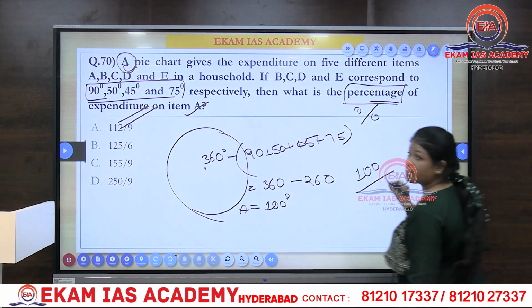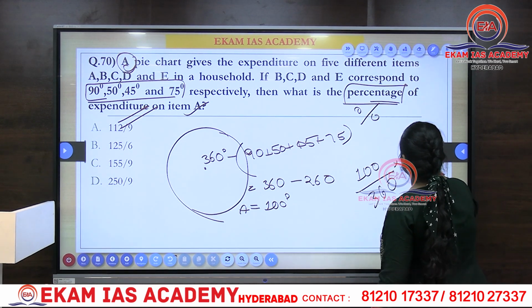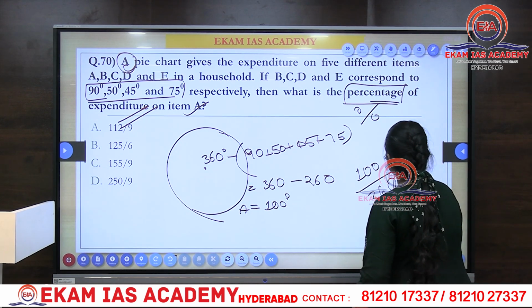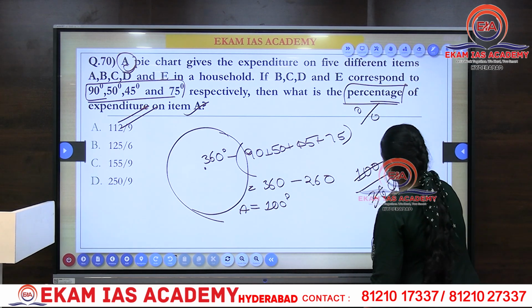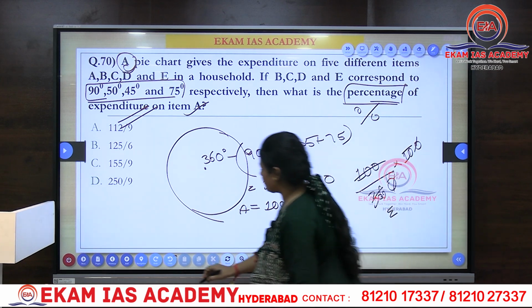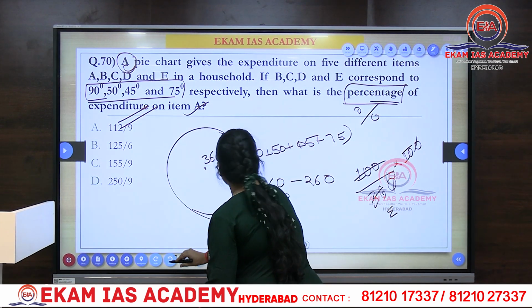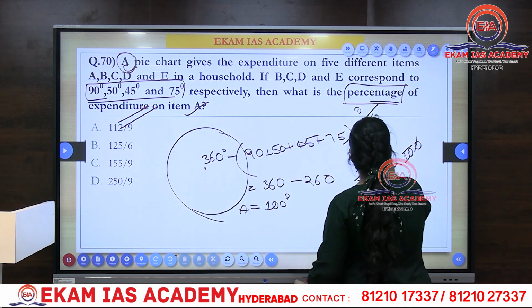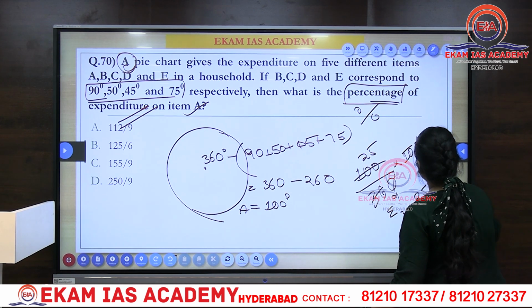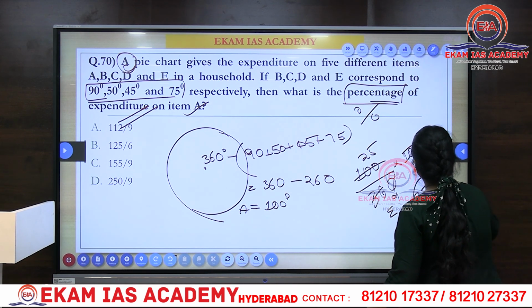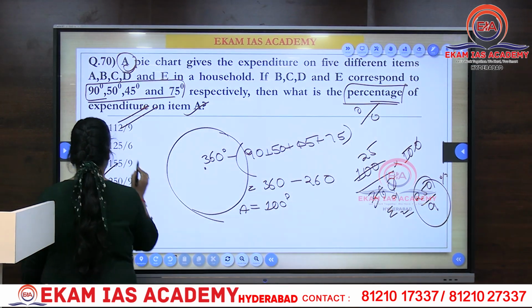The part of it by total into 100. Right, 250/9%, which is option D.